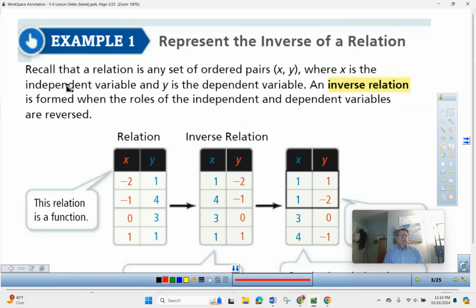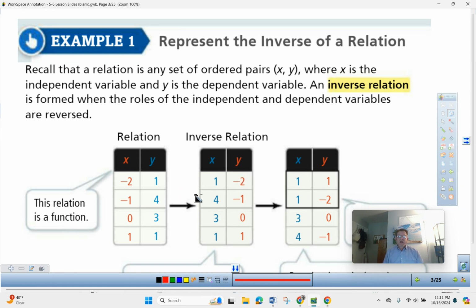And so it says recall that a relation is any set of ordered pairs x, y, where x is the independent variable and y is the dependent variable. An inverse relation is formed when the roles of independent and dependent variables are reversed. So here's the original that we have here, and you see all these are red. Now what we're going to do, this relation is a function. Well, let's come back to that.